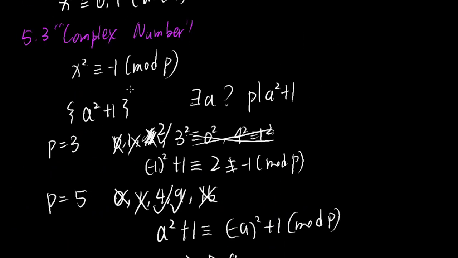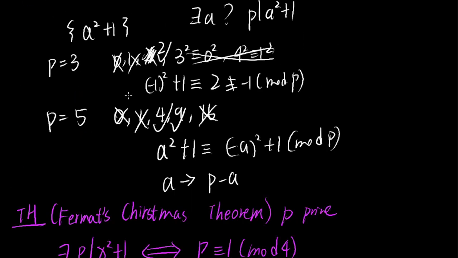And think about this. Oh sorry, it's 3. There does not exist an a here for p equals 3, but it indeed exists for p equals 5.